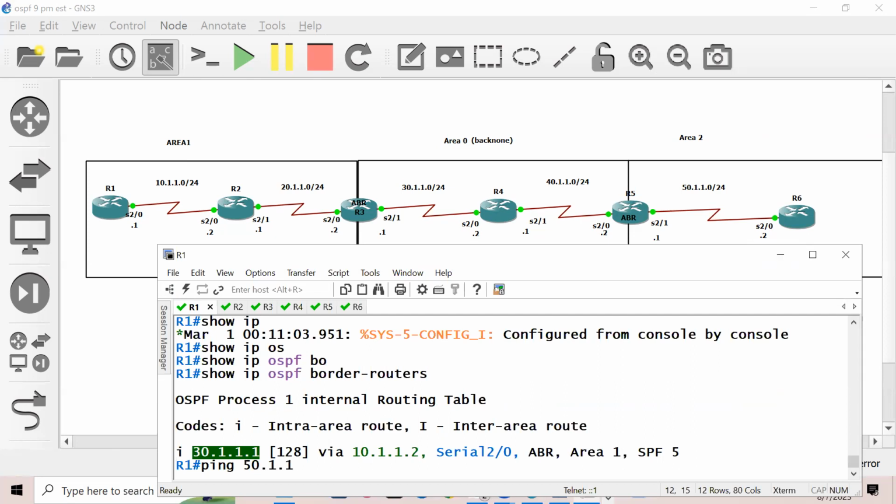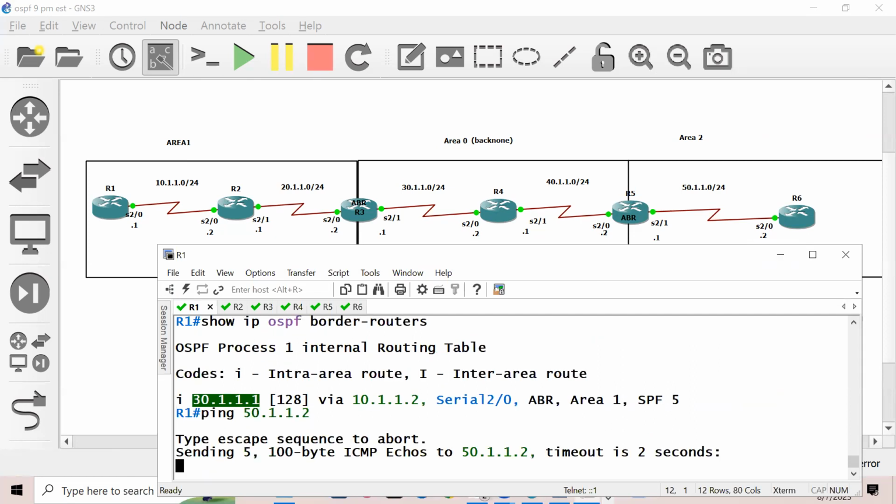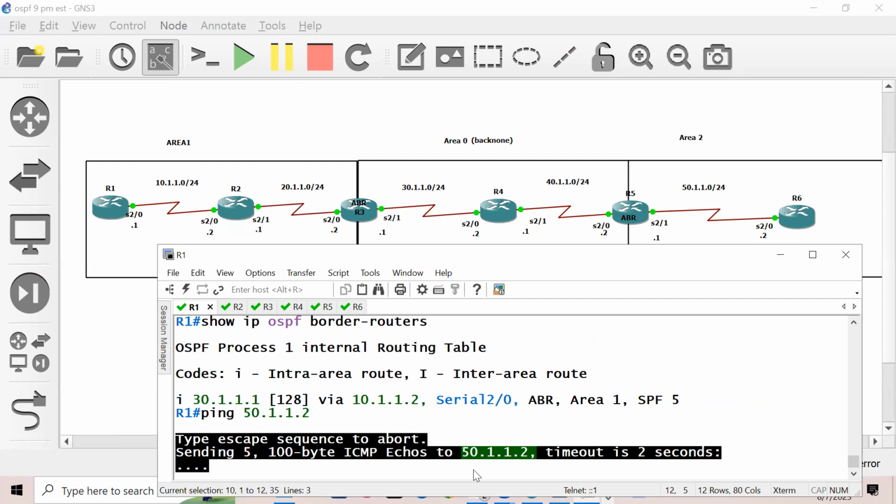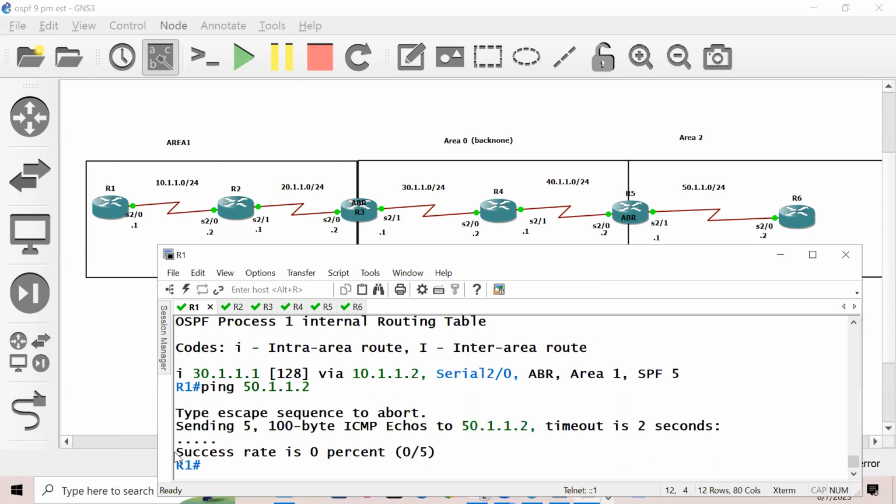It should ping. If it is not pinging, something is a mistake there. Obviously, something is a mistake. So see, it is not pinging. 0%.